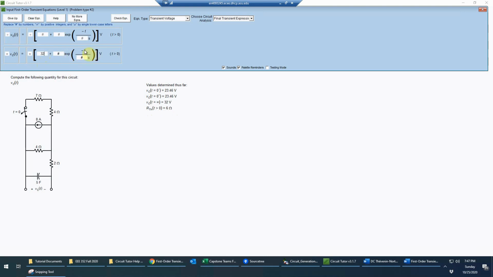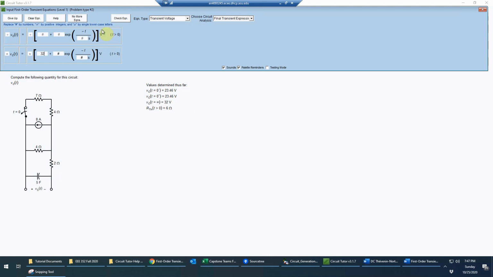Secondly, when t is equal to 0, one of the other extreme cases, or 0 plus to be precise, then the exponential is just going to be 1, because of course e to the 0 is 1. So that means that 32 plus this number must equal the VC of 0 plus, which is 23.46. So now I will need my calculator, and basically I'm going to take 32 minus 23.46.